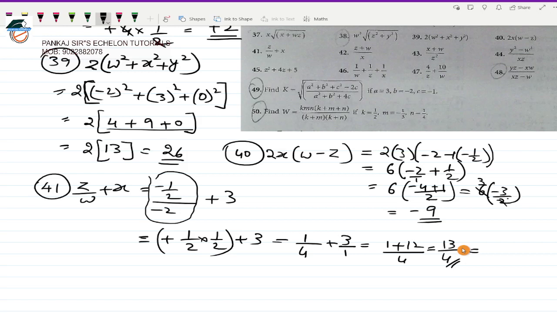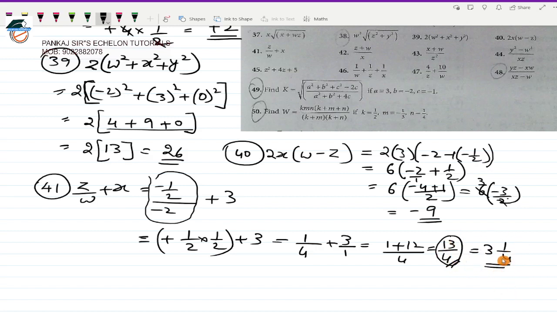If you convert it into a mixed fraction, then your answer will work out to 3 1/4. Now these things you should know, how to convert an improper fraction into a mixed fraction. You just divide it and you'll get this mixed fraction. So 3 1 by 4 is the answer.